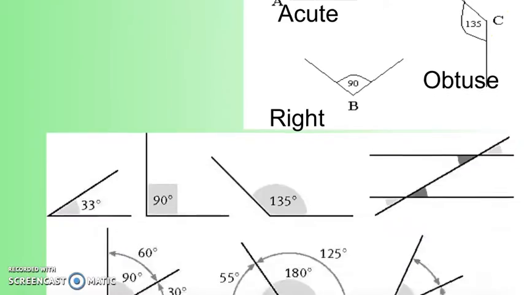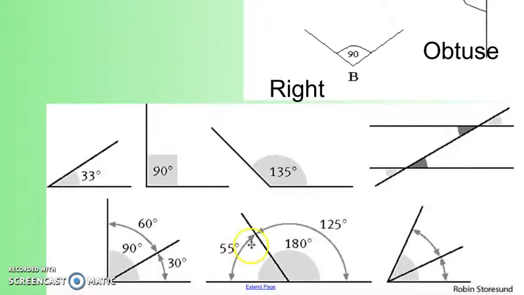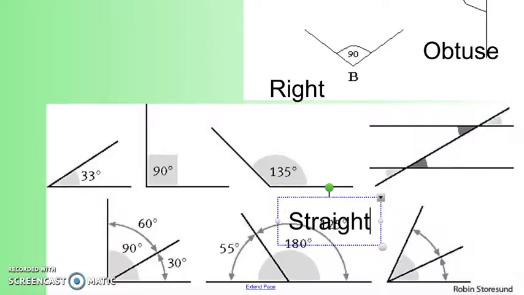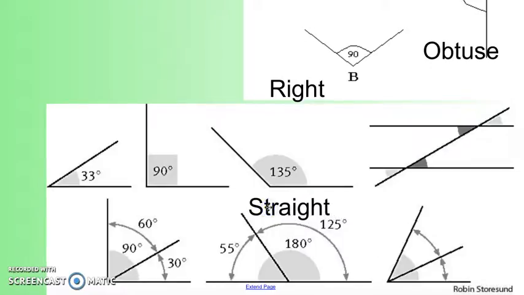Perfect. Then down below, how about this one right here? If I put these two together, what would this whole entire angle be? Yeah, straight angle, because that would make 180 degrees.